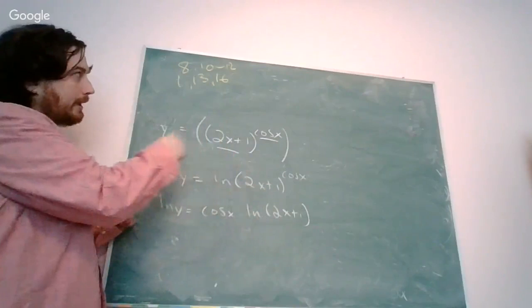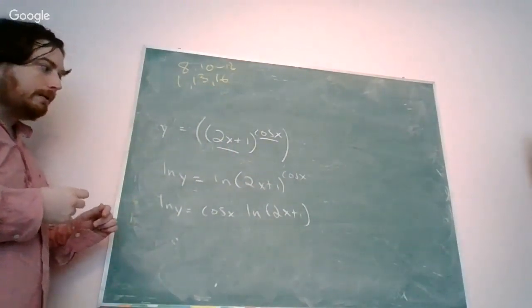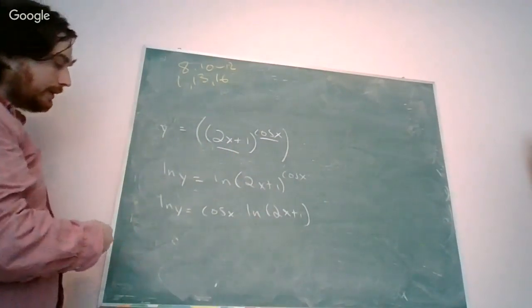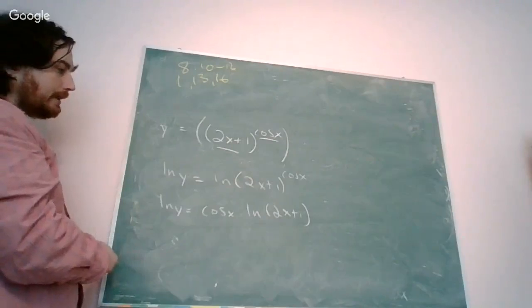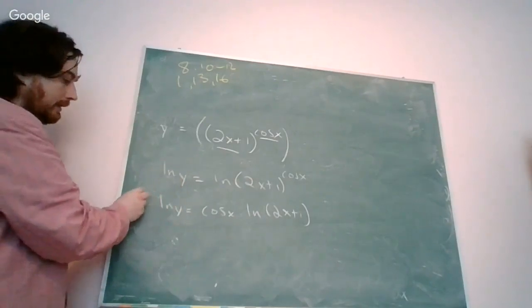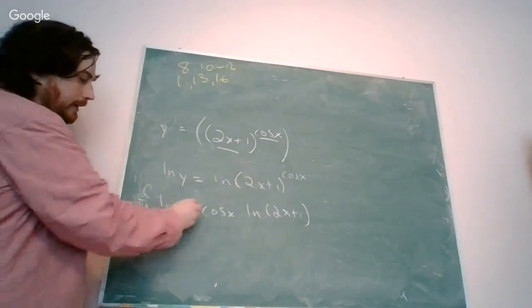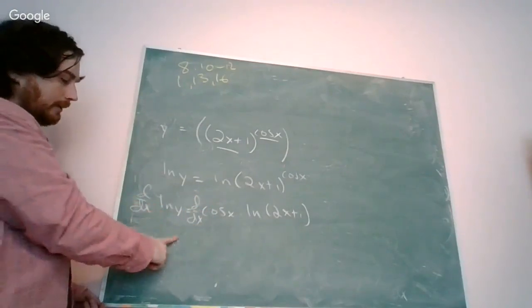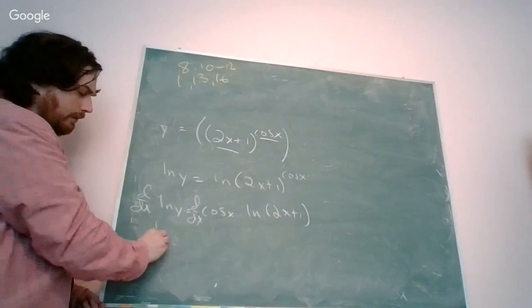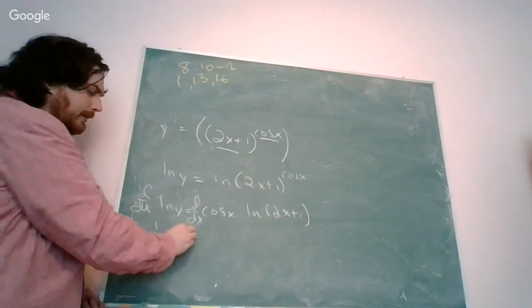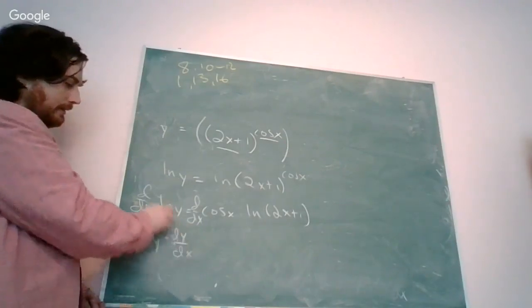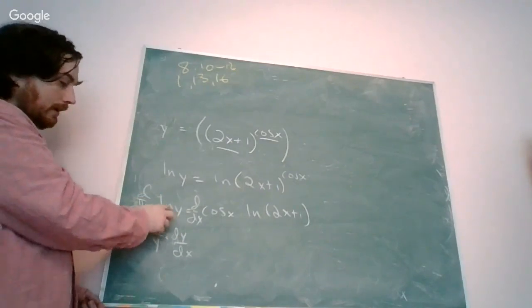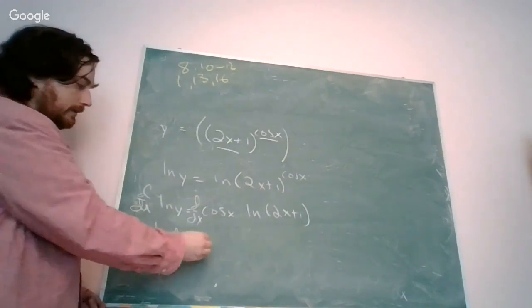Now we're actually back in the last problem where we have an implicit differentiation problem. And so we're just going to take the derivative of both sides with respect to x. On this side, the derivative of log of y is 1 over y times dy dx, because these are not the same letters. So we need the normal derivative dy dx.